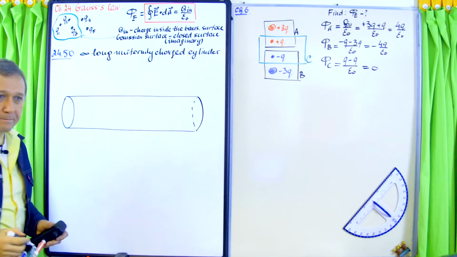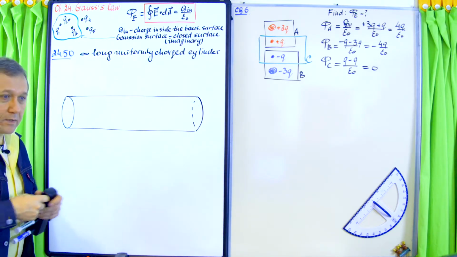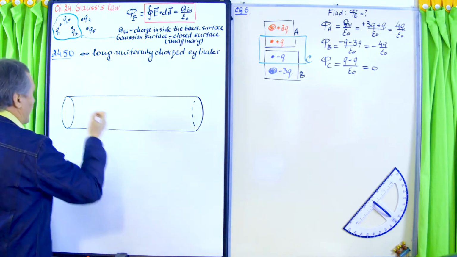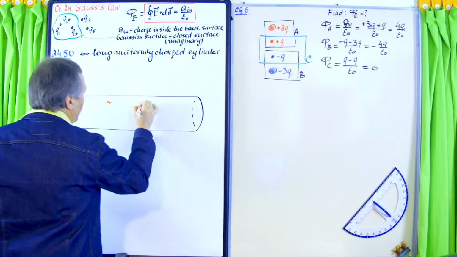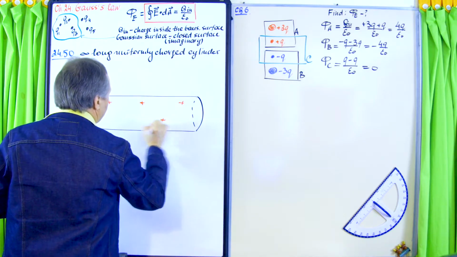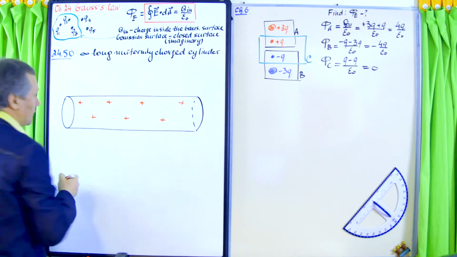It's a physical surface, uniformly charged, so let me draw a few pluses. Let's assume it's positively charged.